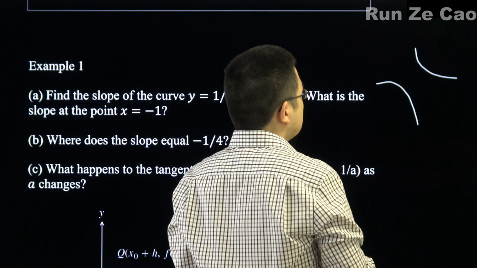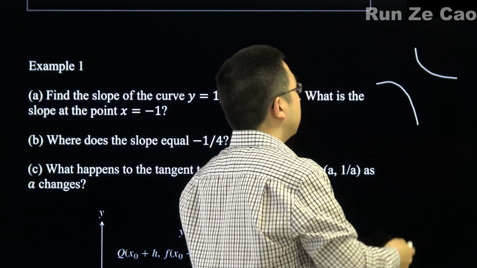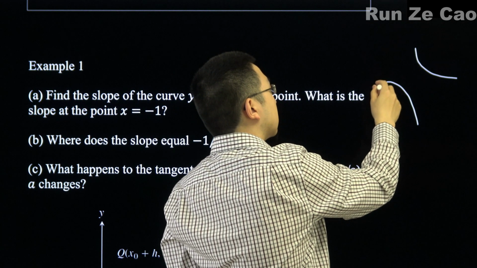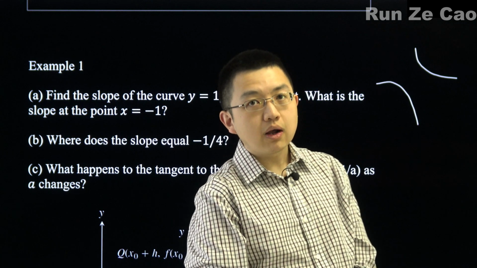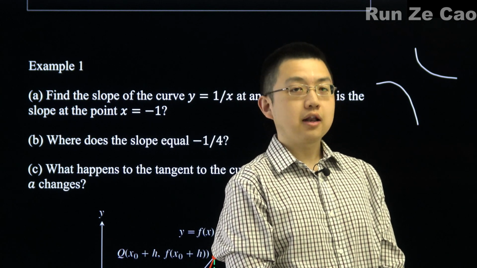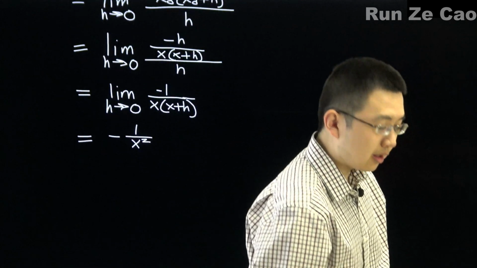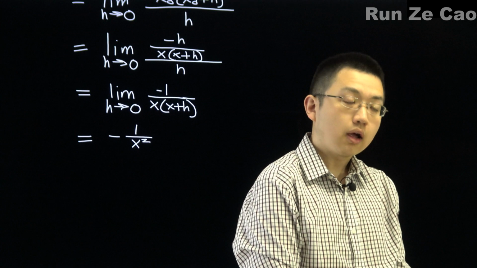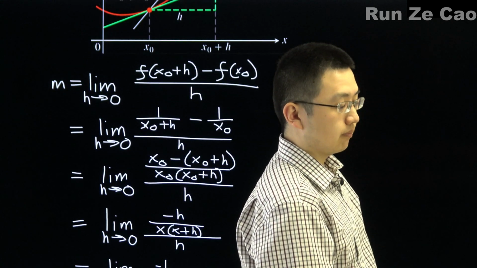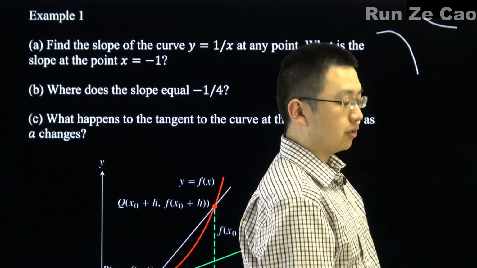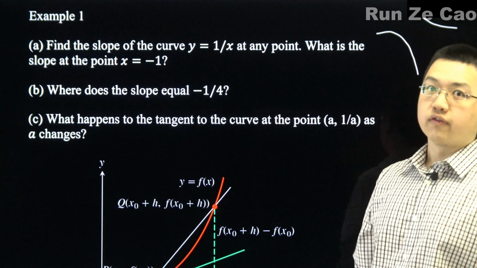Okay, so what happens when we consider what happens near 0? Well, we end up getting slopes that are very large negative numbers. And what happens to negative 1 over x squared as we get near 0? Well, we end up getting closer and closer to negative infinity, and eventually at 0, undefined.